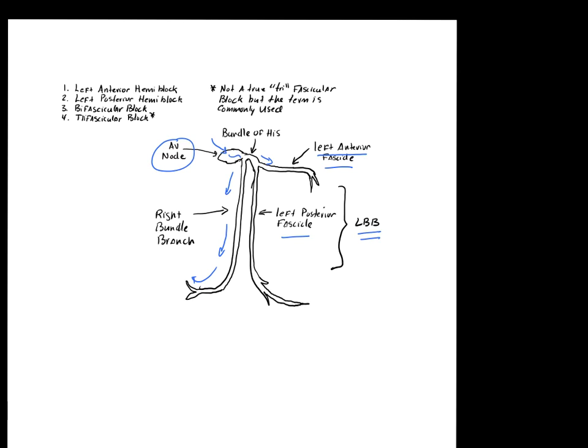And then you have a part that wraps around the posterior part, the left posterior fascicle. So the left bundle branch is divided into the anterior fascicle and the posterior fascicle. The right bundle branch doesn't have any major fascicles. It's kind of just one main pathway.